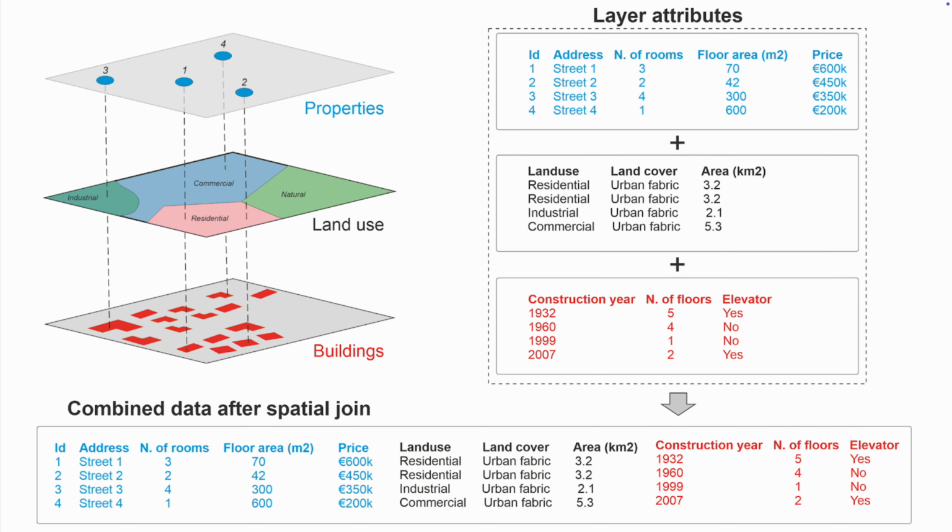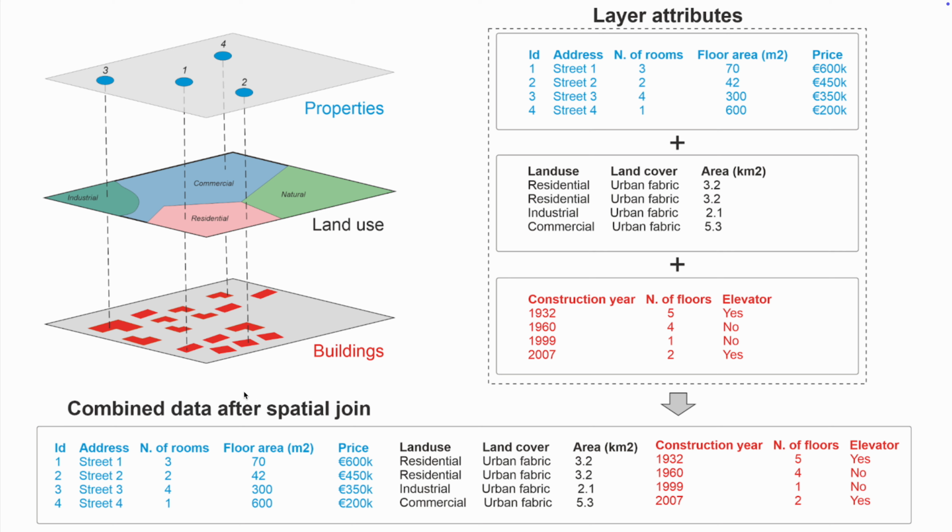Here is a visual map of what the spatial join can do. The first layer of properties consists of points, and here's the underlying data table. We're actually combining 3 data sets here with this spatial join: points to these polygons, which are land use or zoning (industrial, commercial, residential, and natural), and also the buildings in which these points fall.